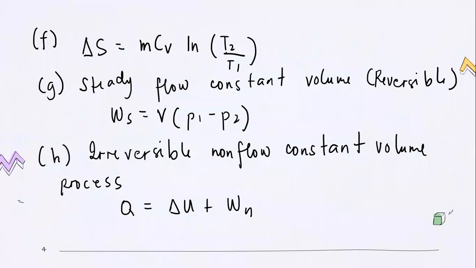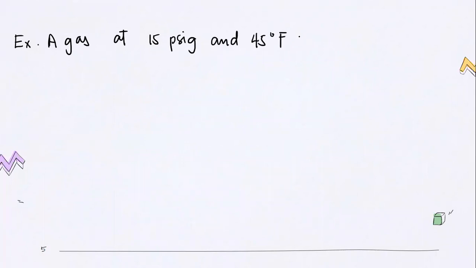Okay. Example number 1. A gas at 15 psig and 45 degrees Fahrenheit is held in a rigid sealed tank.